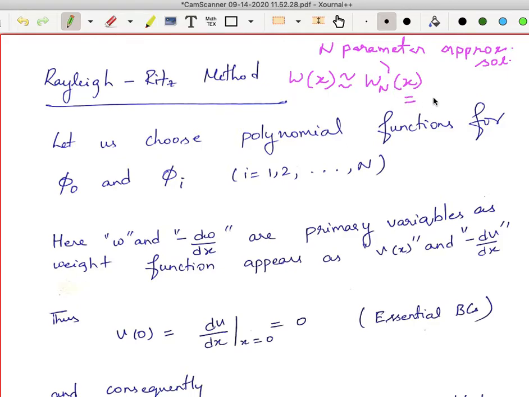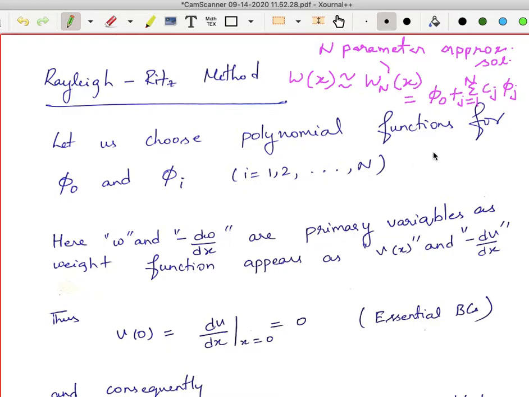In all the variational methods, we write it as phi naught plus summation Cj phi j of x, where j takes values of 1 to n. So this will be the n parameter approximate solution.